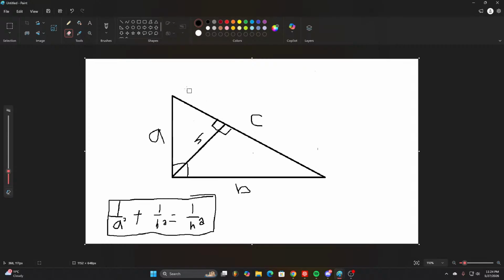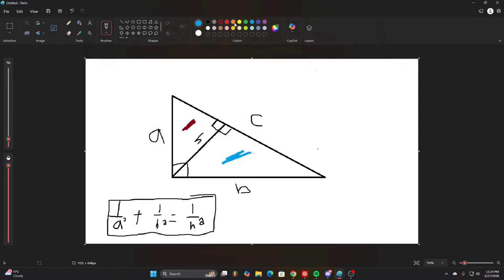So, this right here is a triangle made of two right triangles. And what we can say is, I'll call this the red triangle, and we'll have this blue triangle over here.